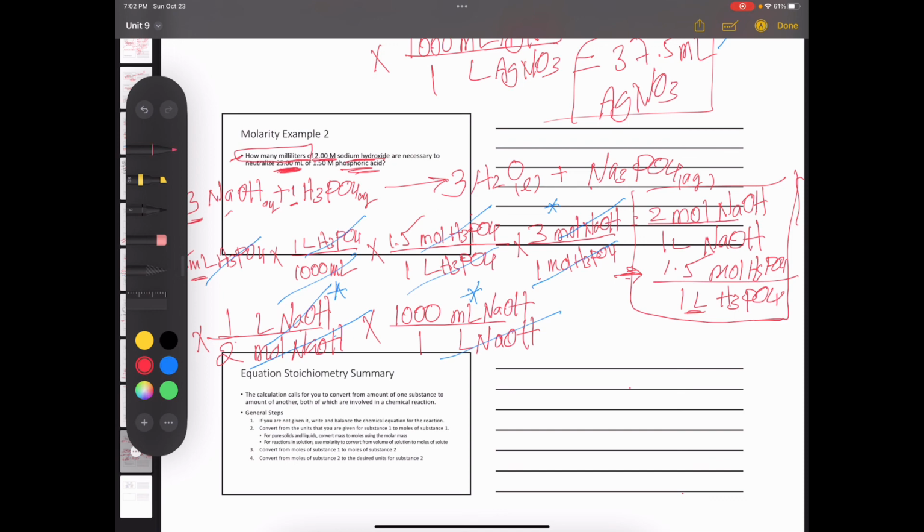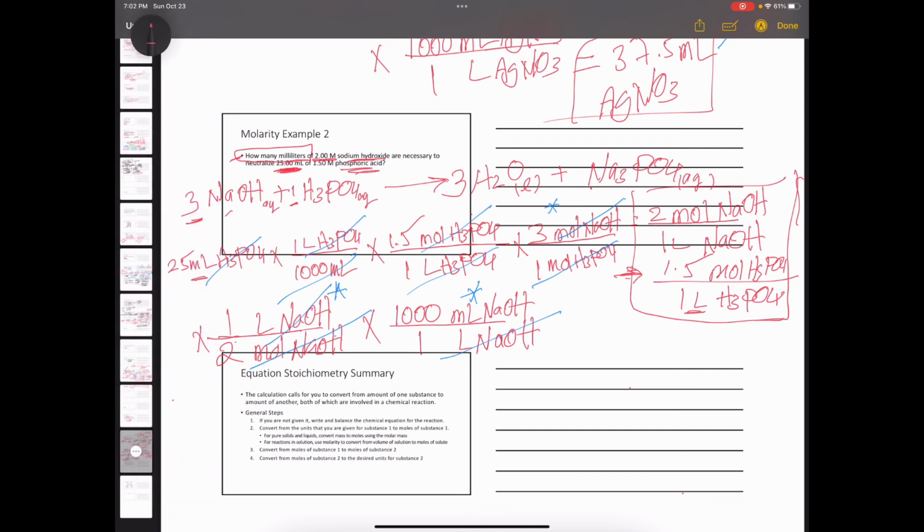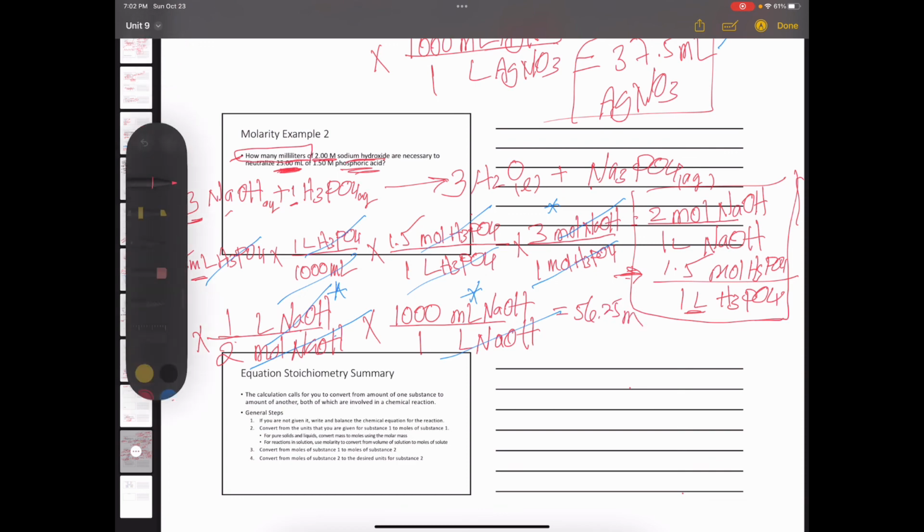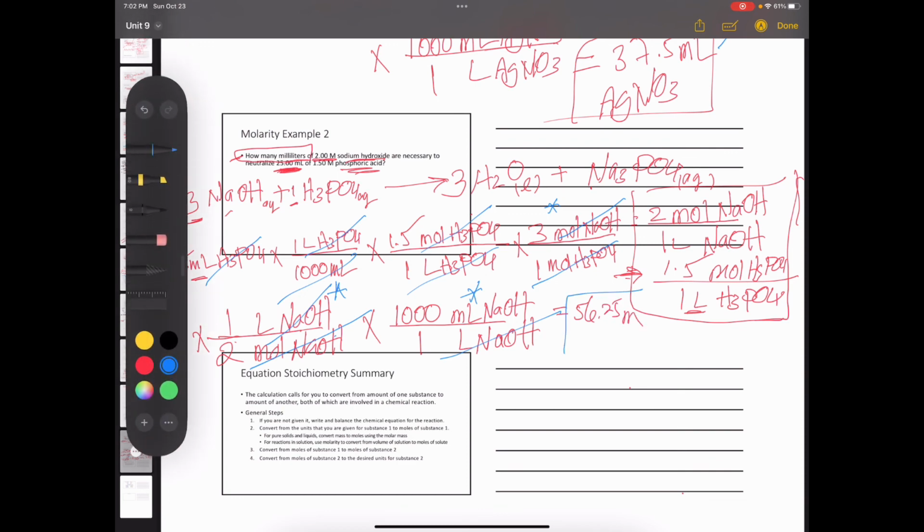Now, if you put these numbers in your calculator, the number you'll be getting for milliliters of NaOH is 56.25 mL. So, 56.25 mL NaOH needed to neutralize 1.5 molar of 25 mL NaOH.